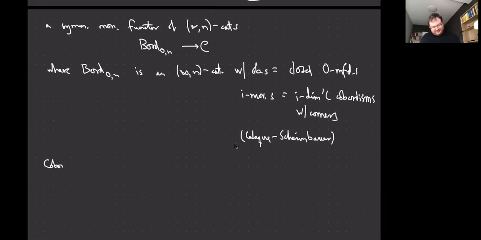But next we have the big, well, conjecture or partially proved theorem. It's conjectured by Baez and Dolan. And of course, Lurie has this detailed sketch of a proof.